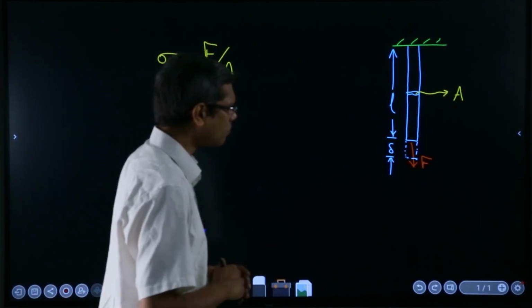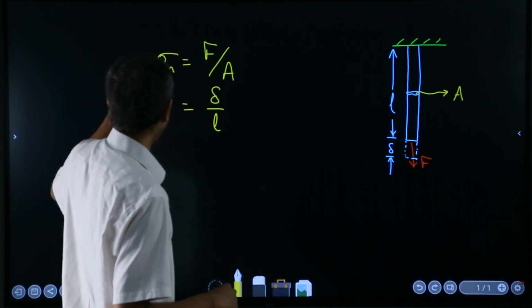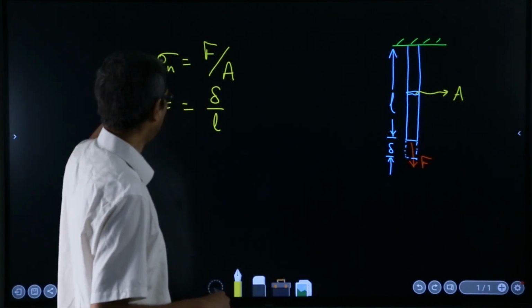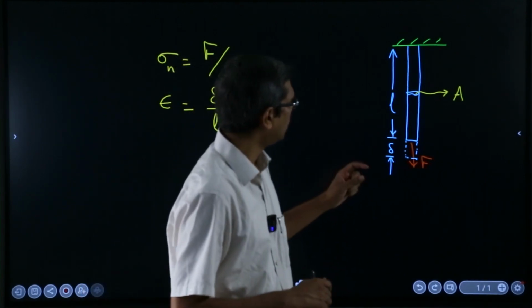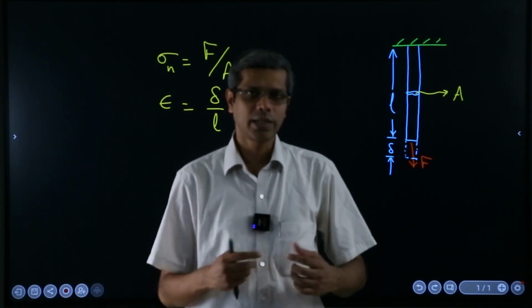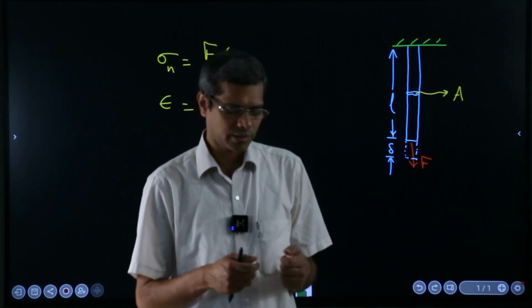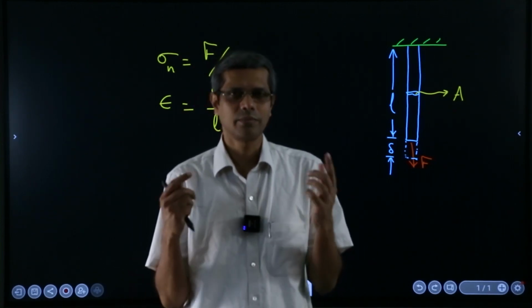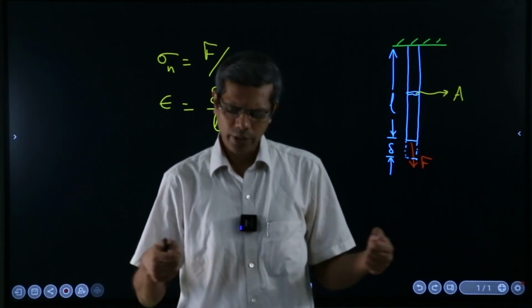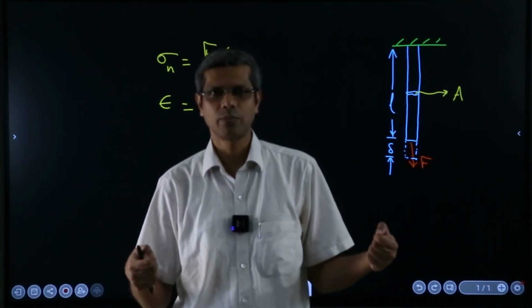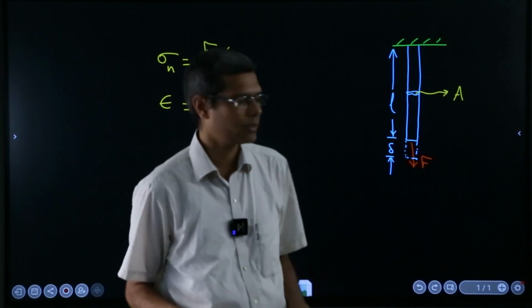But these are not independent properties, so they are related with respect to the material. We have the experience that with a strong material, if we apply a force, it does not elongate much, but a rubber band gets elongated very easily.